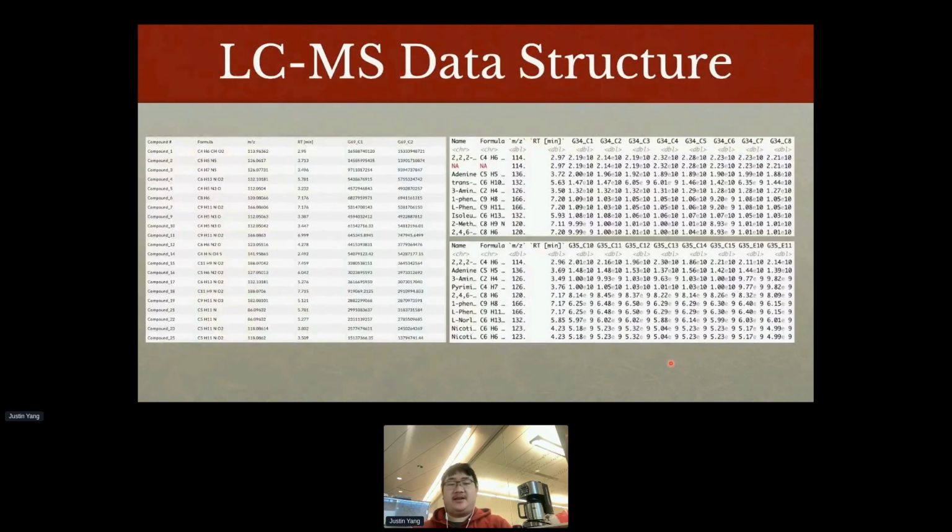And so what we end up with is a data structure that looks like this after cleaning and making it look nicer, where we have a column of the identified name, and formula if possible, along with the mass-to-charge ratio, retention times, and every respective generation's replicates, with the value of each cell representing the abundance for that specific compound in that specific replicate.